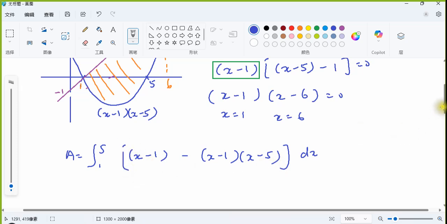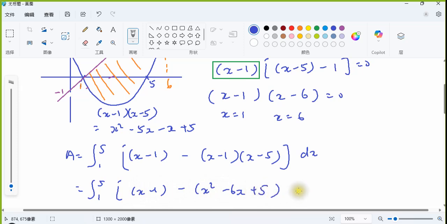So this one is x squared minus 5x minus x plus 5. So it's integrate 1 until 5, x minus 1 minus the x squared minus 6x plus 5 dx.